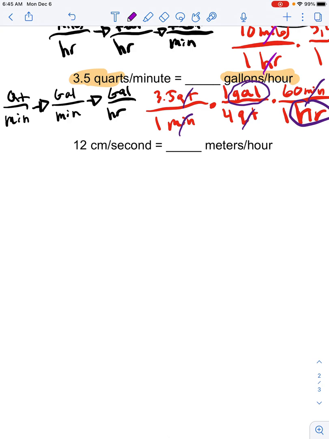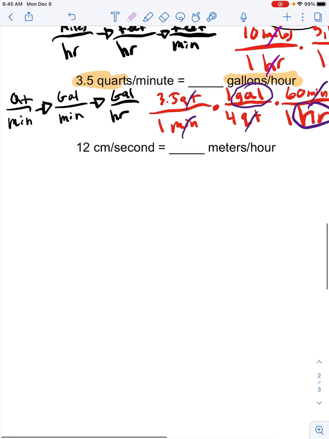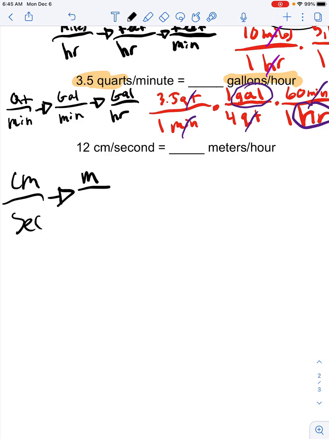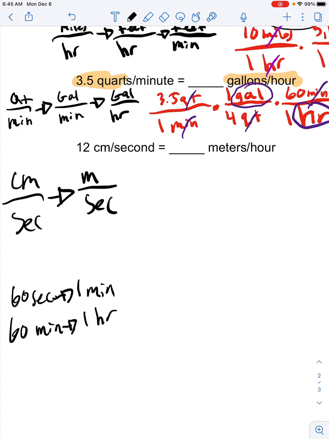Okay, the last one, again, if I'm making my roadmap, I'm starting with centimeters per second. I need to go from centimeters to meters, and I know that there are 100 centimeters in a meter, so that's nice. If I think about seconds, there's 60 seconds in 1 minute, and then there's 60 minutes in 1 hour.